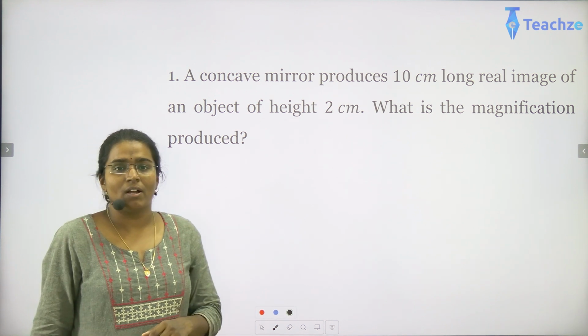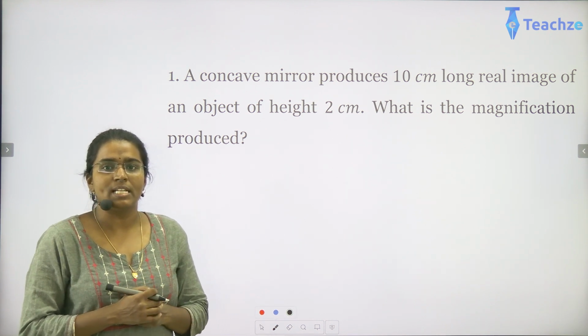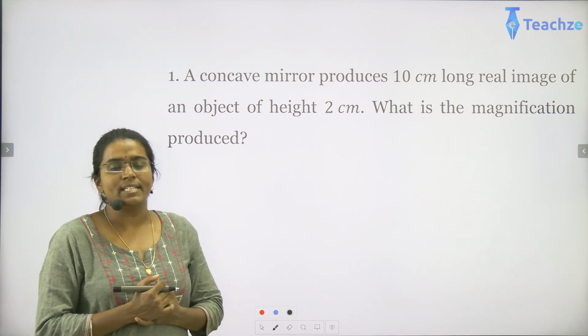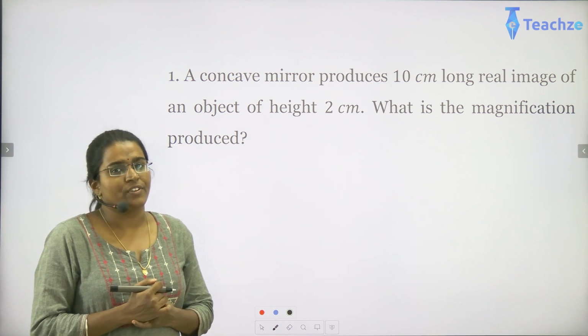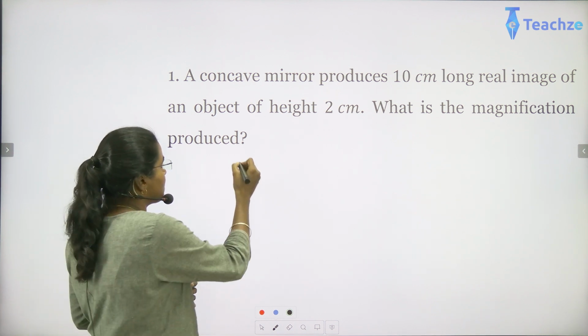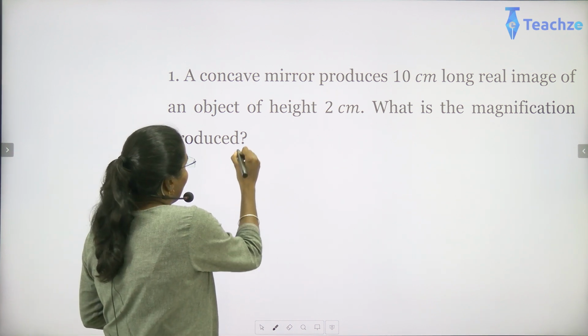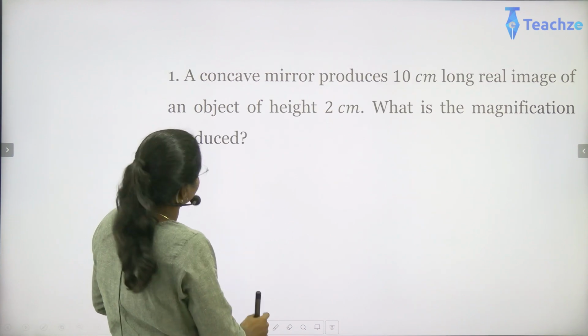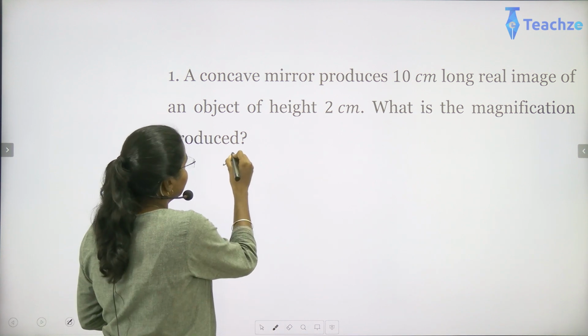Question 1 says a concave mirror produces a 10 centimeter long real image of an object of height 2 centimeter. What is the magnification produced? So what is given first? Your object height is given.